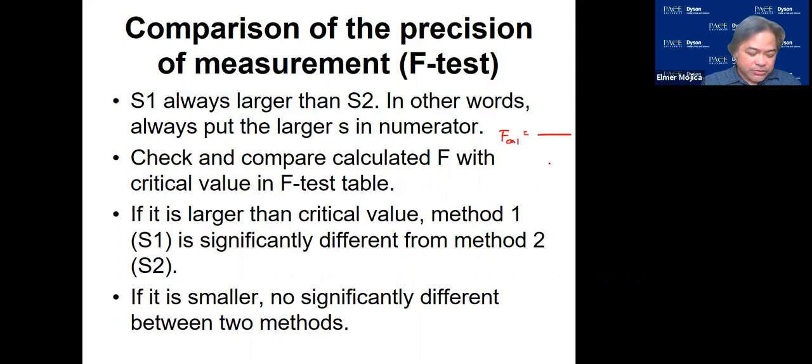I'm going to put the one that is higher compared to the one that is lower. So I can put here 0.00138 squared, and then 0.000143 squared. Okay, and then I get whatever value that we have there. So in this case, this is what? 93.1.